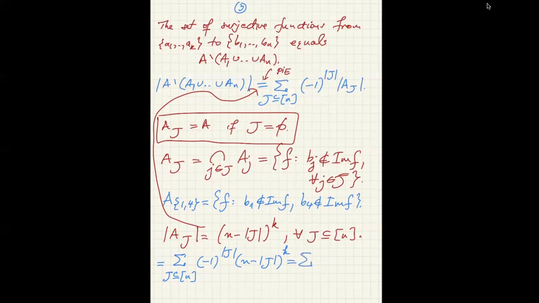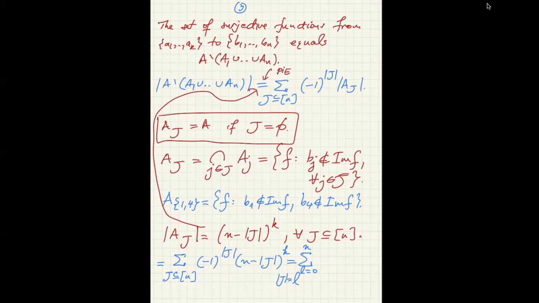So let me call the cardinality of J some number L, let's say. So the sum will be a sum from L equals 0. How big can the set J be? It can be up to 1, 2, 3, all the way up to n. So L from 0 to n.